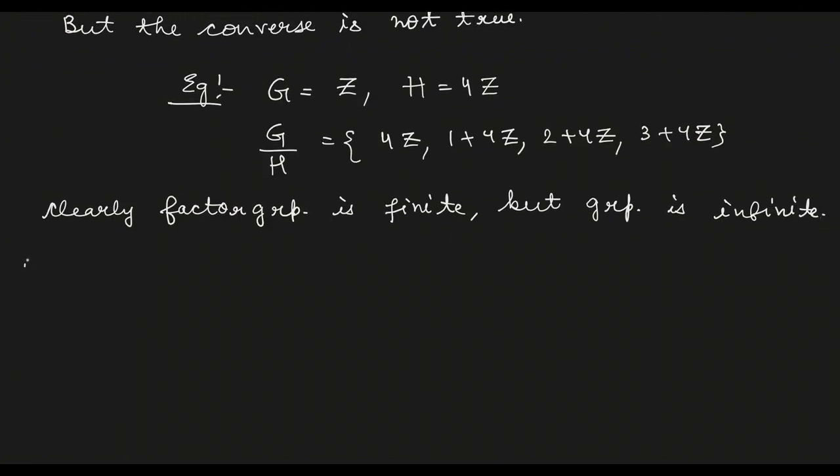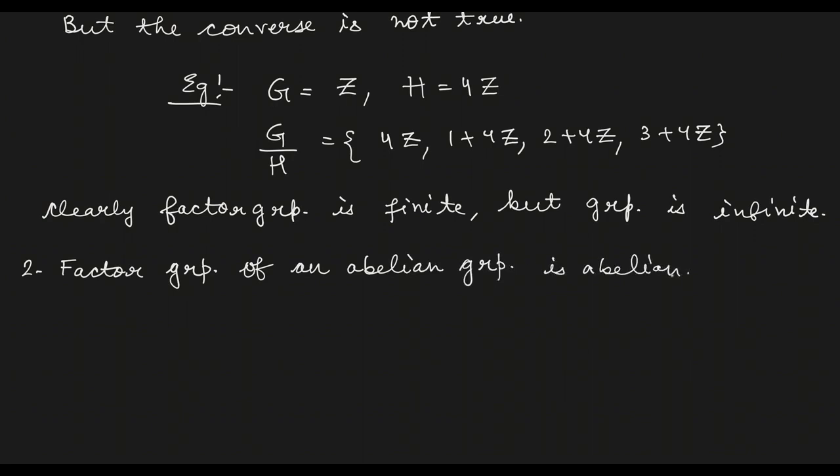Second, the factor group of an abelian group is abelian. Means if group G is abelian, then G by H will also be abelian.